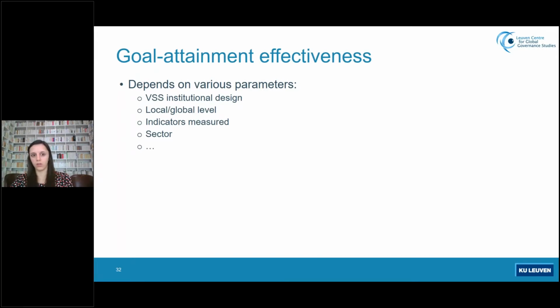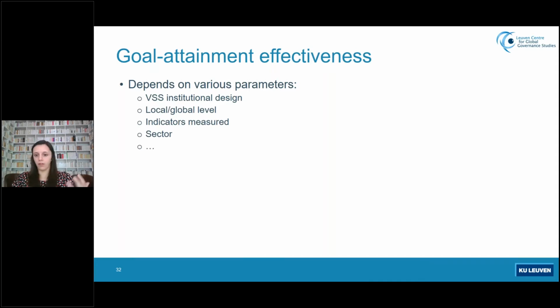As we saw in the institutional designs of VSS. Also, some studies analyze the impacts of VSS at the global level, and other studies focus on local levels a bit everywhere in the world. Different studies also analyze different parameters or indicators and different components of sustainability, because as you know, sustainability has 3 pillars: social, economic, and environmental.